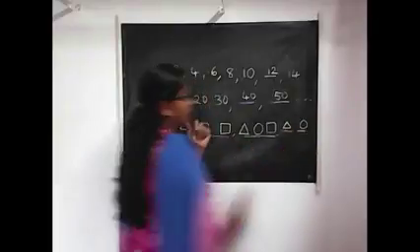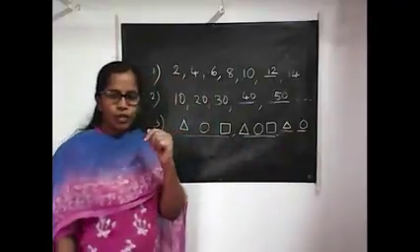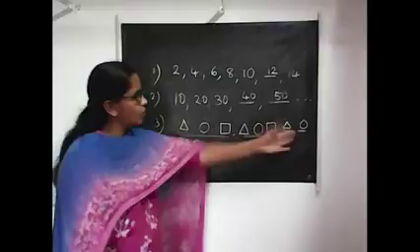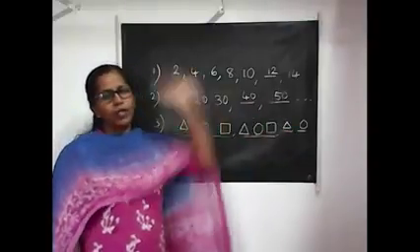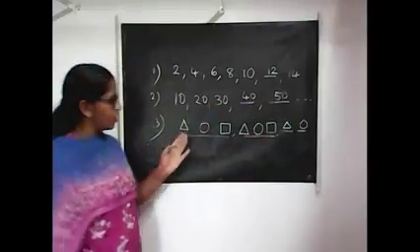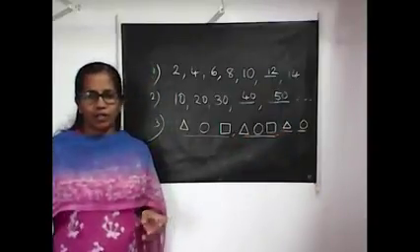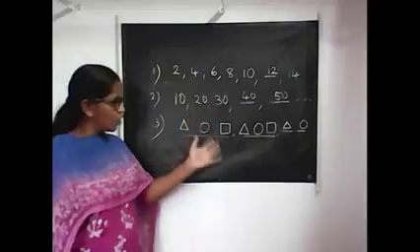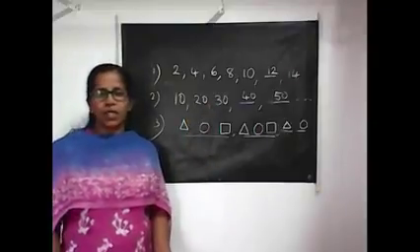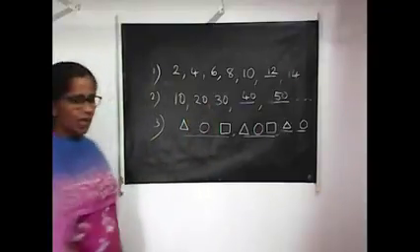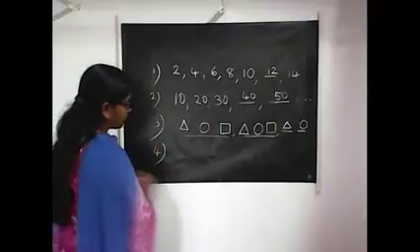Only two are missing. They asked only to complete two shapes, so write two only. Next it will continue as much as you want, but here they asked only two. That means two shapes you have to write. So not only numbers, shapes or figures also can be used to complete a pattern. Sometimes, one more example. Fourth one.